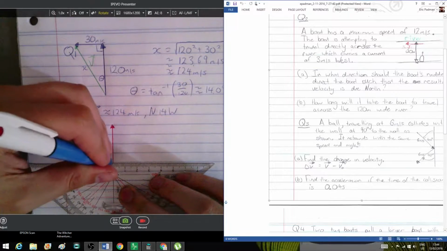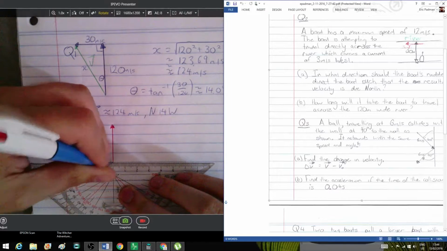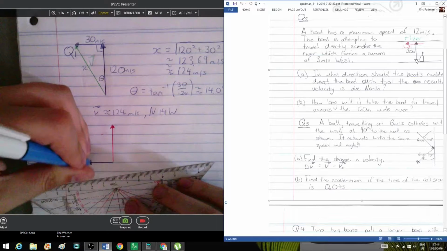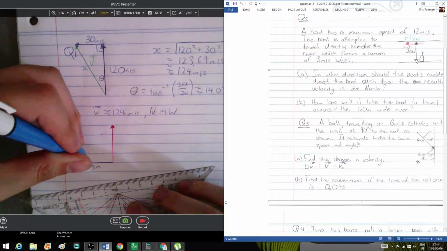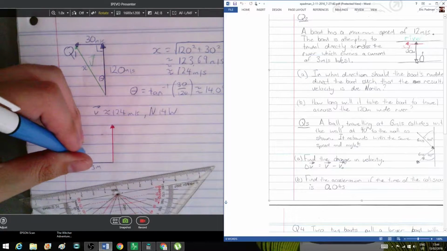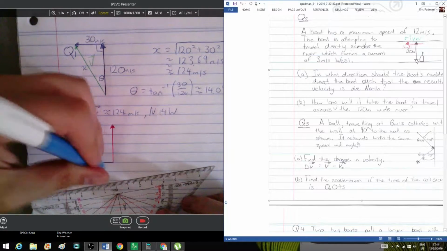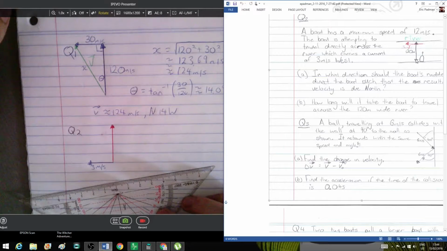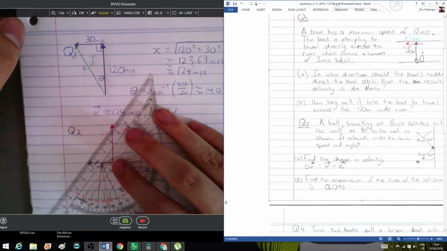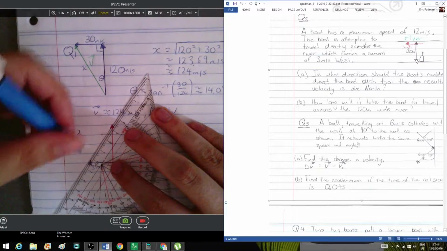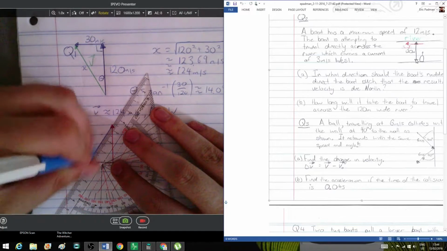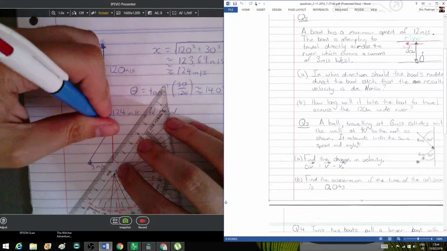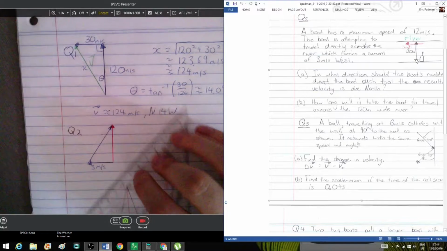So I'll make the west one my first vector, that's 3 meters per second. And then my other vector, the direction I'm pointing the boat, is that way.